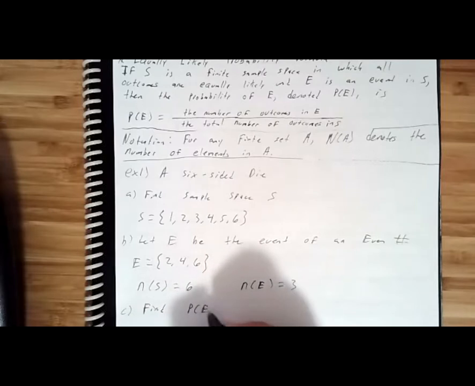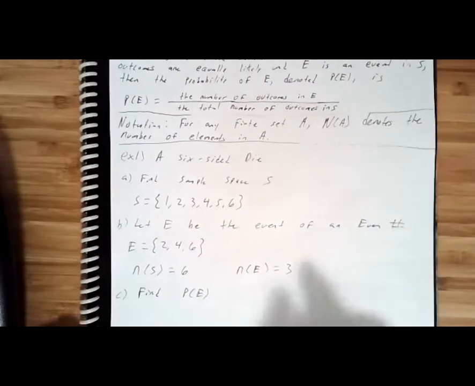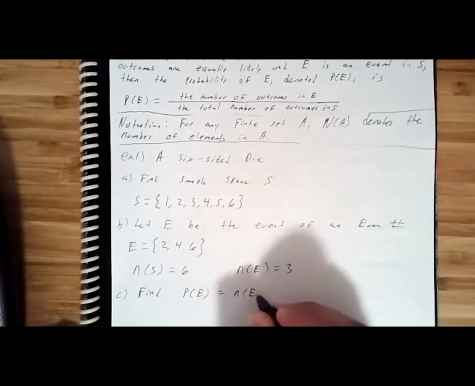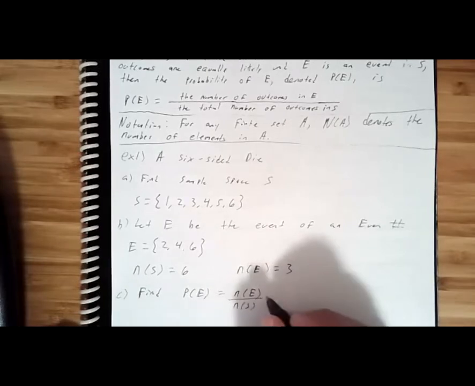So let's say we want to know what is the probability of E. If we shrink the formula down using this notation, it would be equal to the number of elements in E divided by the number of elements in S. So what is the probability that it will be even, or that this event E will happen?